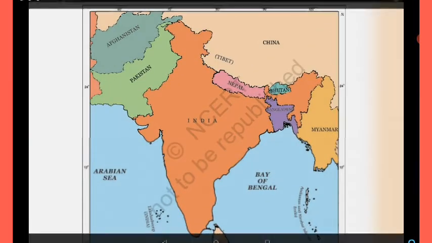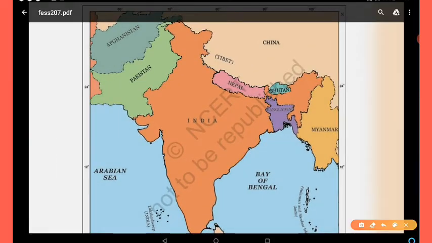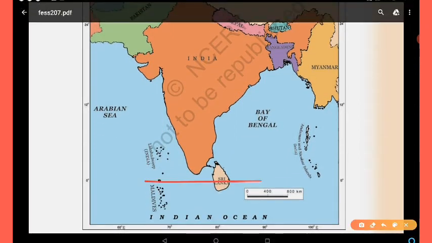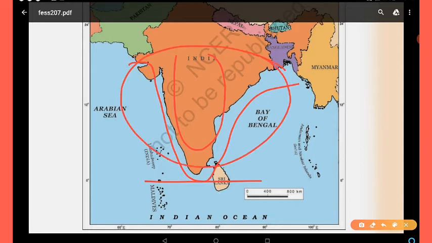See, this is the Arabian Sea on the west, on the east this is the Bay of Bengal, and in the south this is the Indian Ocean. So this is a piece of land surrounded by water from three sides, so it is known as a peninsula, right?